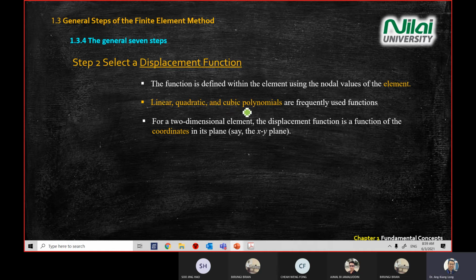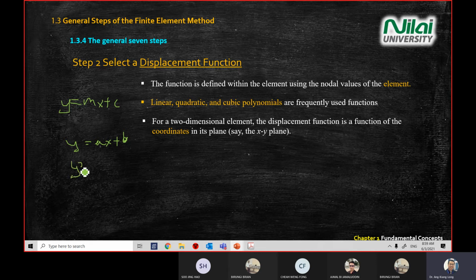Again, if you don't know what is cubic polynomial, you need to refresh. Linear equation, quadratic, cubic, meaning the highest order in the equation you have. Linear, y equal to mx plus c, or you have y equal to ax plus b. This is a linear equation.